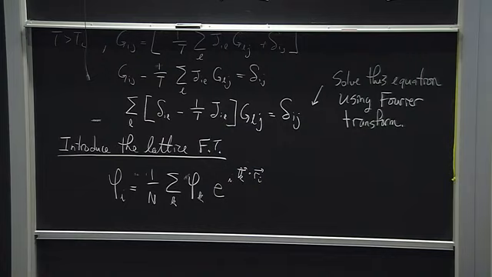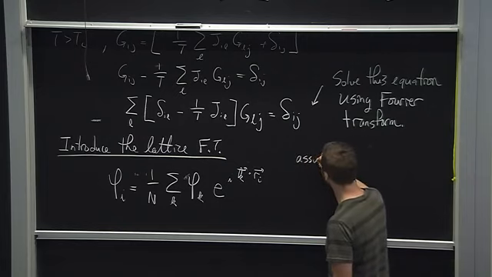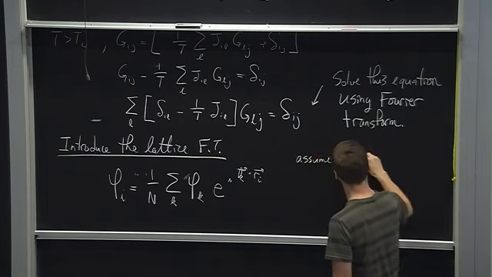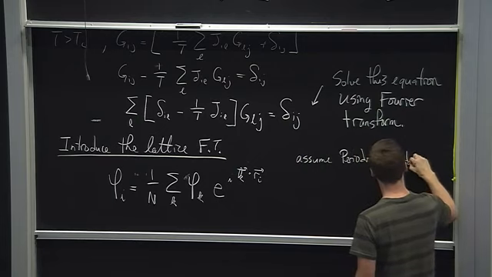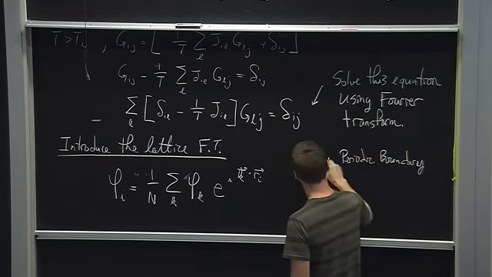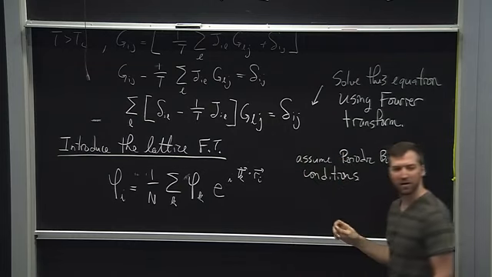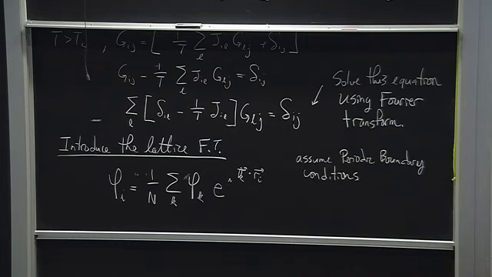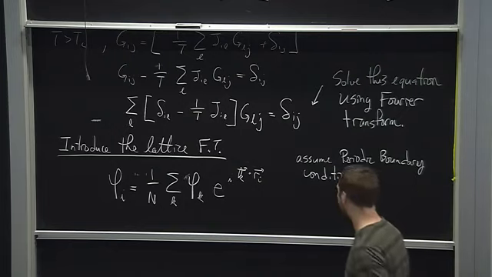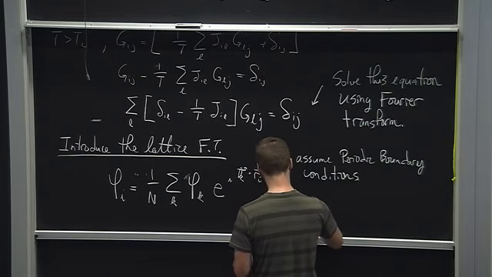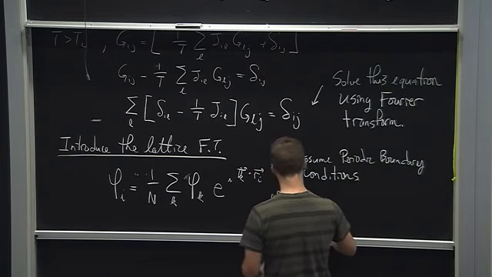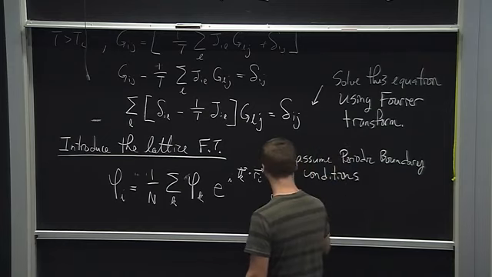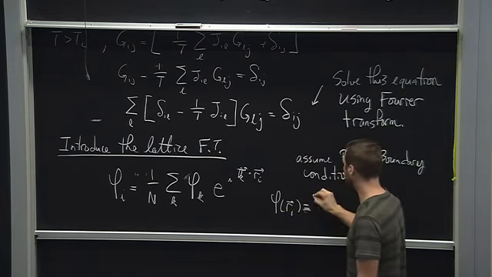And everything's simplified when we assume periodic boundary conditions. Which for our purposes means that if you translate the field by the lattice linear size, then the field returns to its original configuration. So let me define that field.